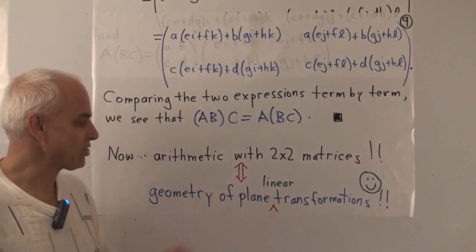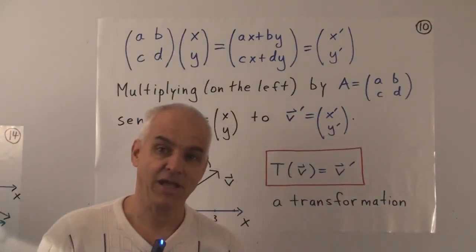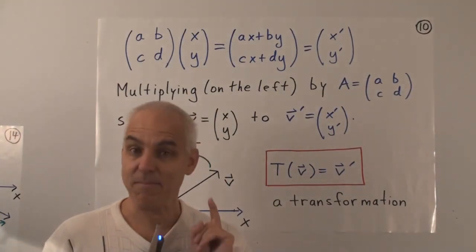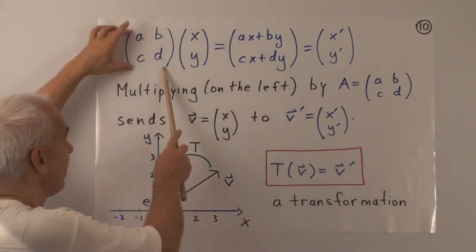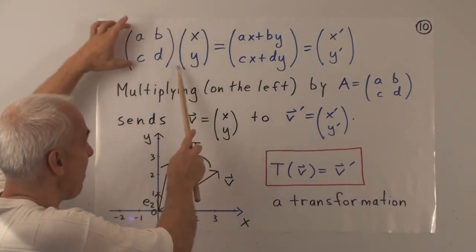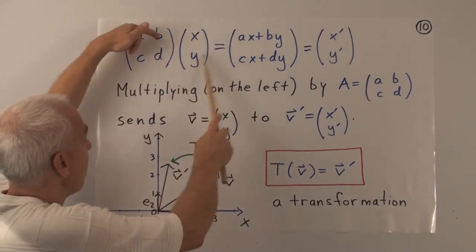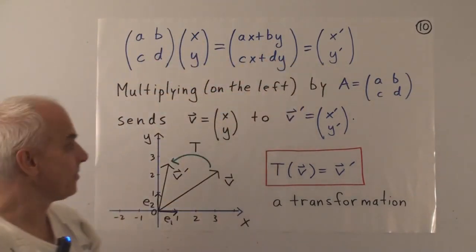So linear transformations, here we come. The relation between matrix multiplication and two-dimensional geometry comes about when we remember that a matrix can multiply a vector. So here's a matrix and here's a vector. When we multiply them, this is the definition, we get ax plus by over cx plus dy, another vector.